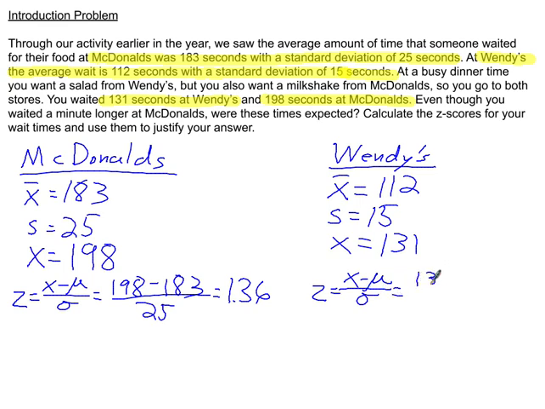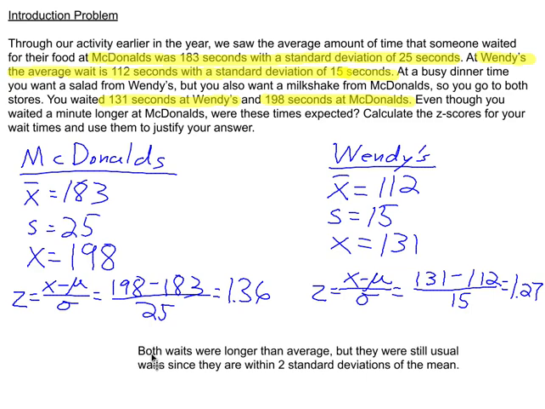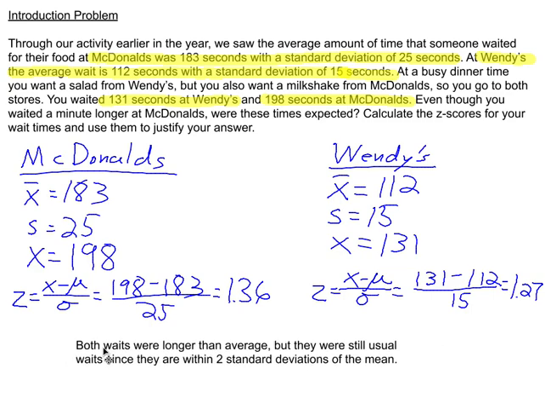We have 131 minus 112, all divided by 15, and our z-score is 1.27. To conclude this problem, both waits were longer than average, but they were both still usual waits since they were within two standard deviations of the mean.